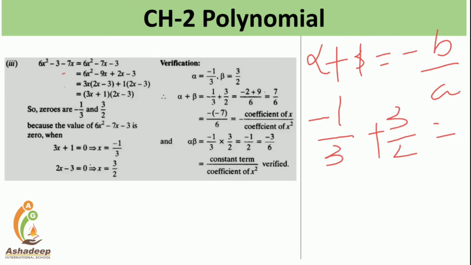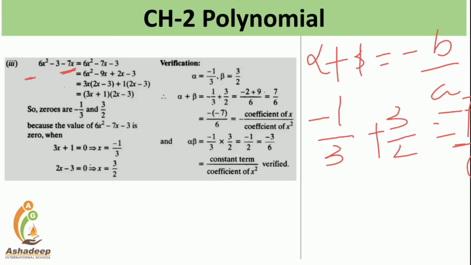What is the value of b here? See here, b is the coefficient of x, so that is going to be minus 7. Minus 7 upon a. A is 6. So divided by 6.